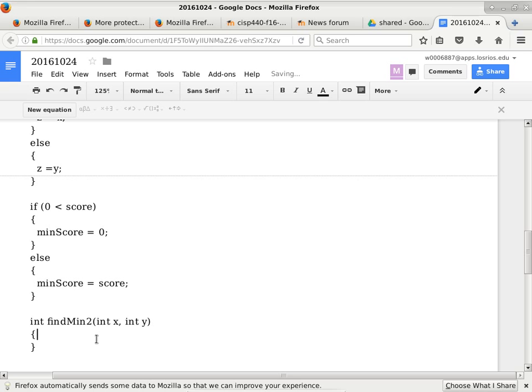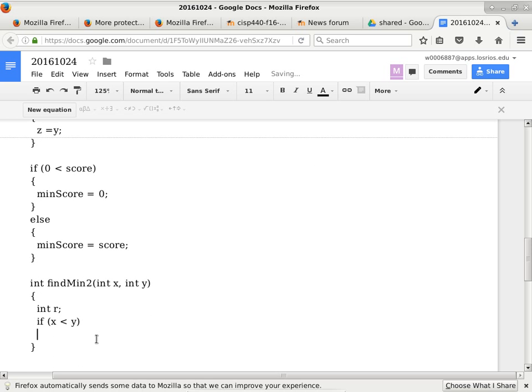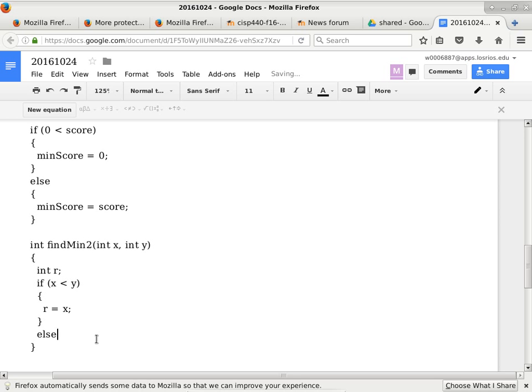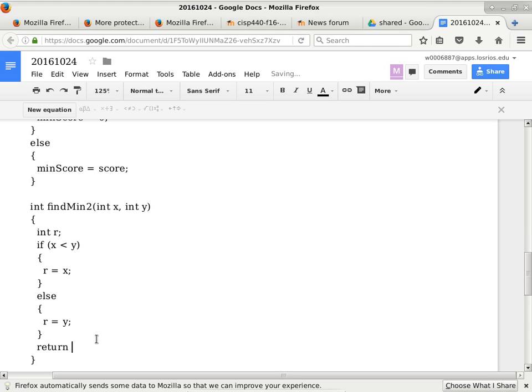And we just say if x is less than y, return. Technically speaking, I should use a local variable r. So we say r is x, else r is y, and return r.